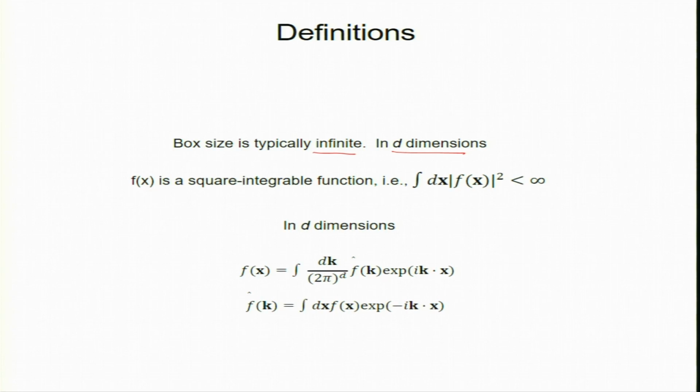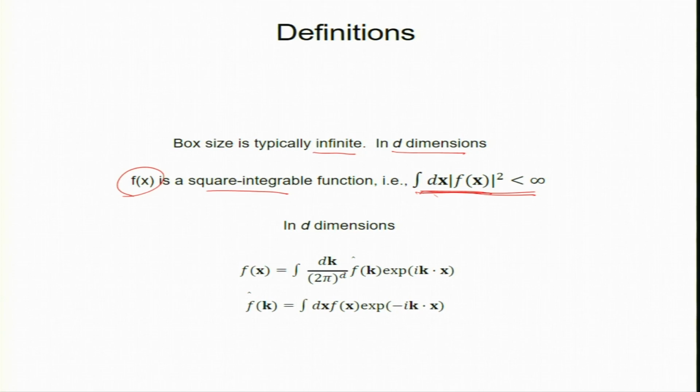For the Fourier transform, one condition is that f(x) must be square integrable. That means the integral of mod f(x) squared is finite. f(x) can be complex, like the wave function in quantum mechanics. So, this is a condition, and please make sure that it is valid.